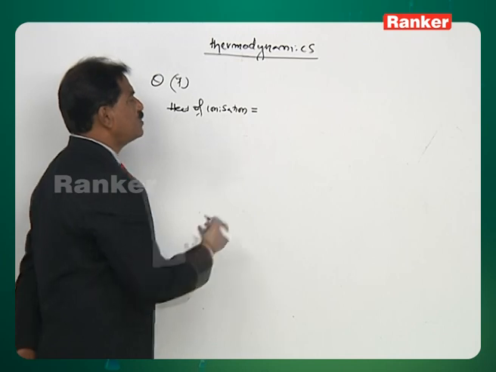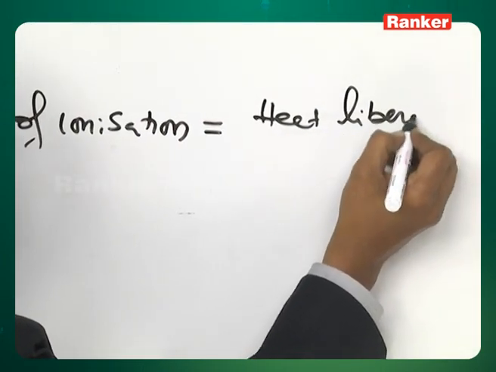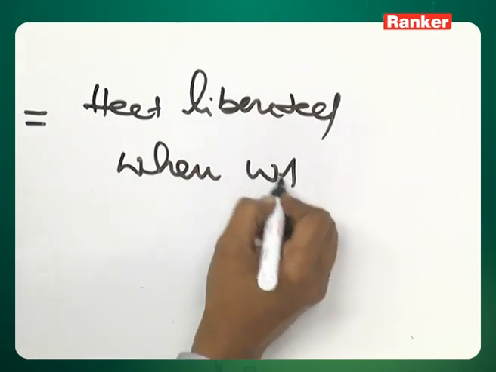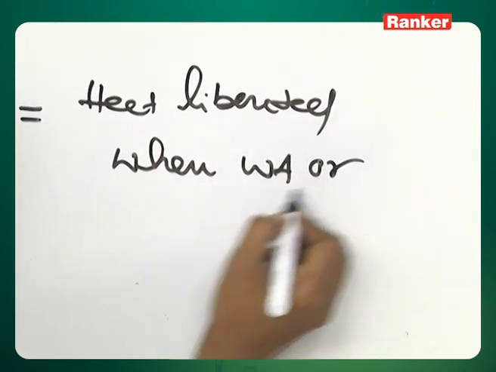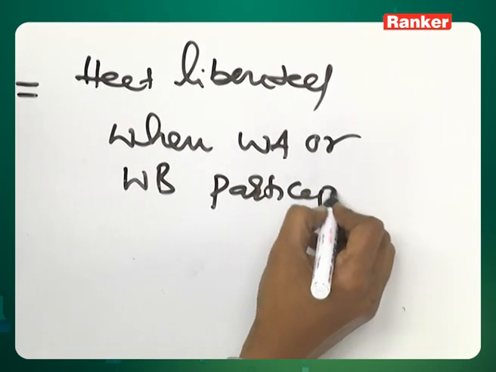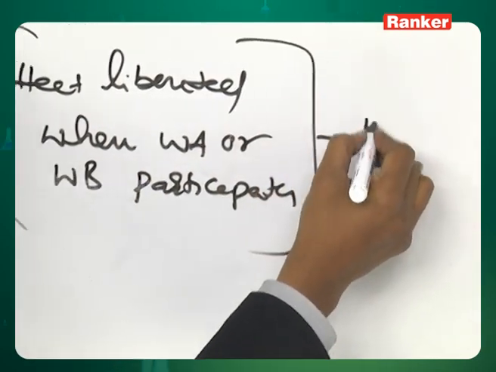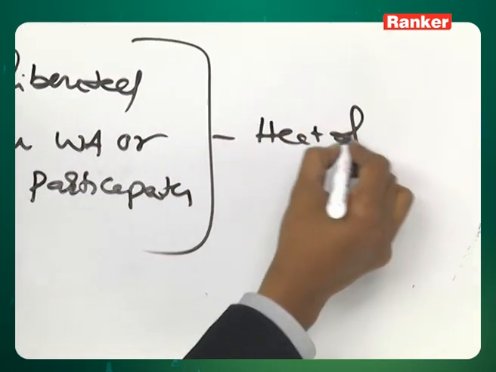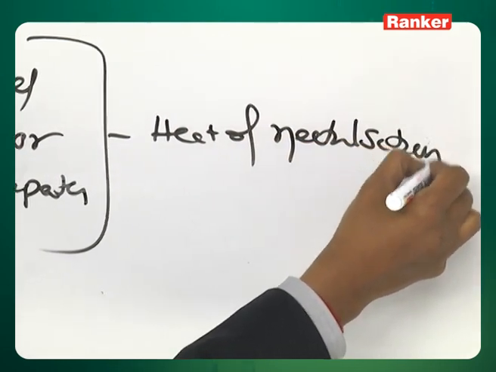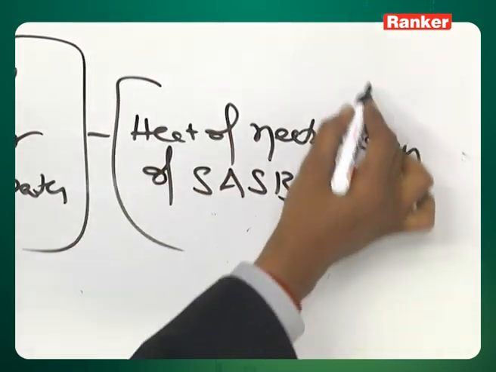Heat of ionization is the heat liberated when a weak acid or weak base participates, minus the heat of neutralization of strong acid, strong base.